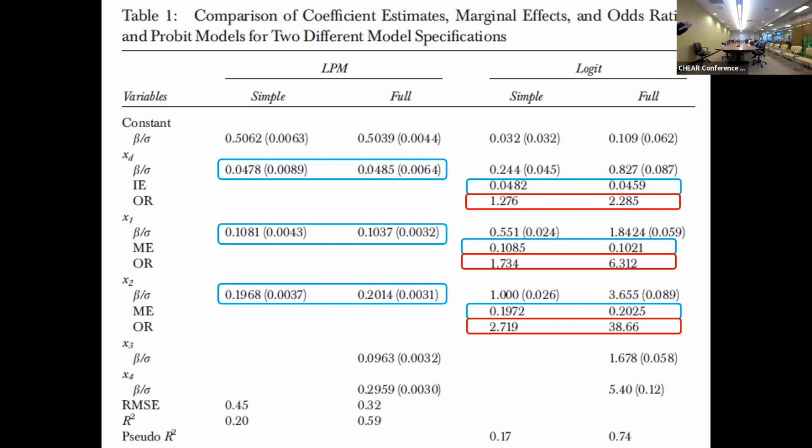But if your goal is to estimate an average marginal effect, it is often the case, particularly when the underlying probability is somewhat in the middle, not at the extremes, that the marginal effects will be similar. There are also economists who have religion the other way, and you should always do a linear probability model. You should never do Logit or Probit or any other binary outcome model. I don't like either of those approaches.